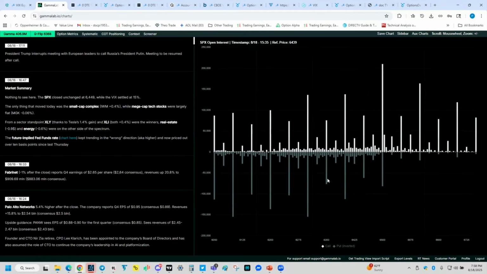So if I'm going to be looking out in time, I know that this level, 6,300, is going to be a lot bigger, stronger, more important than this one. If we get past here, let's say on the way down, there's not much to stop it here. So I just like to see that.